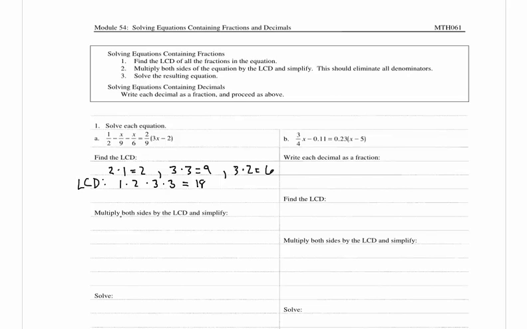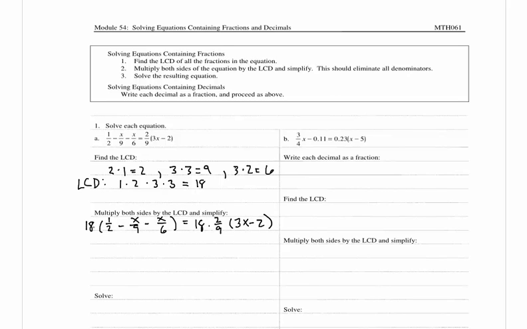And now we want to multiply both sides of the equation by the least common denominator and simplify. So if we have 18 times 1/2 minus x over 9 minus x over 6 is equal to 18 times 2/9 times 3x minus 2.